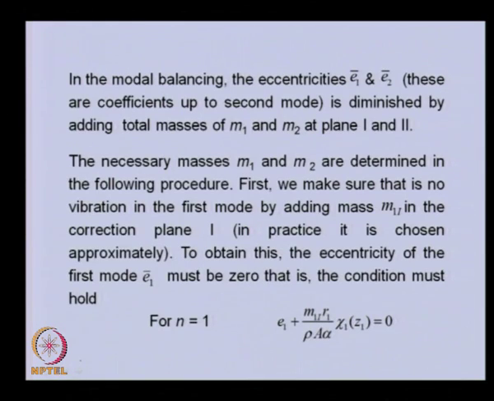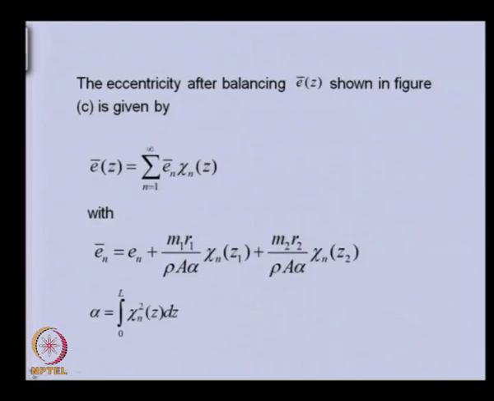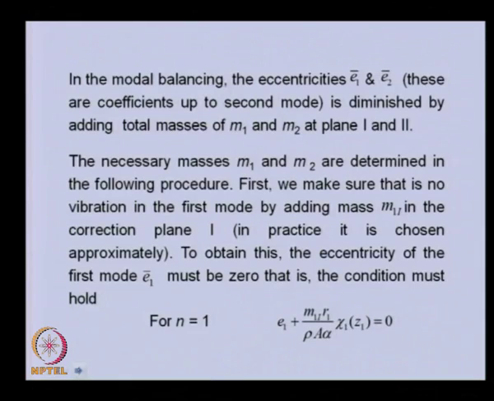Now, in the modal balancing, the eccentricities E1 and E2 are coefficients up to the second mode. So, here basically we need to balance this up to n equal to 1 and 2. Correspondingly, these eccentricities E1 bar and E2 bar we need to vanish up to the second mode.